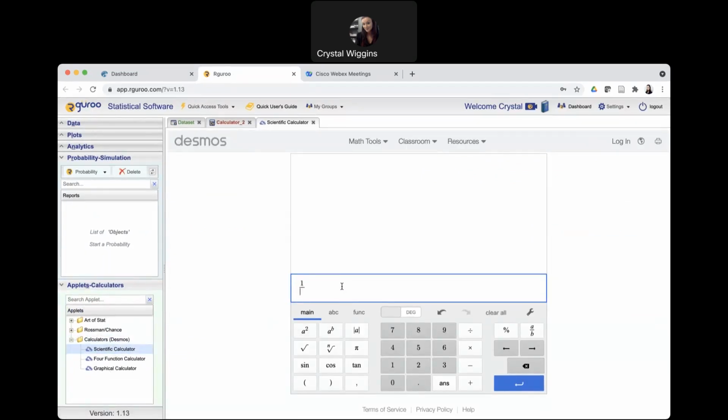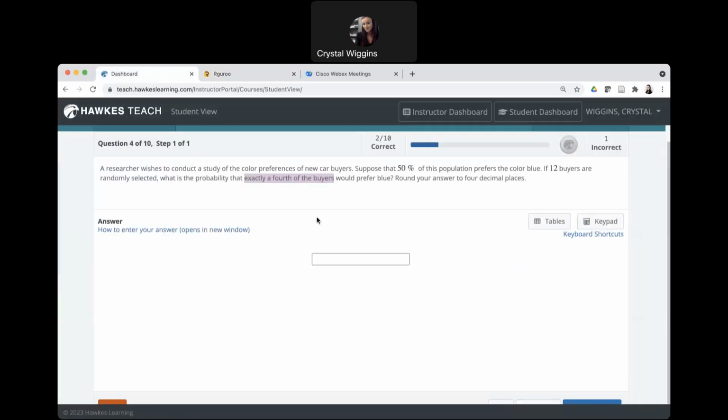So 1 divided by 4 times 12 is 3. Essentially, I was just dividing 12 by 4, but I wanted to show you how to do it in case the division was not that straightforward. And for some of you, this may not have been straightforward at all. A lot of us may have had a very large gap between now and when we learned fractions. So we're talking about exactly 3 buyers.